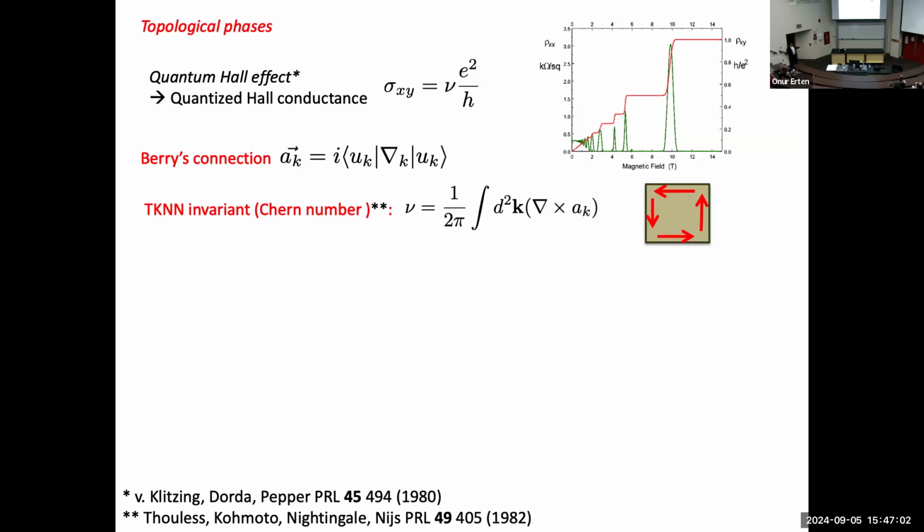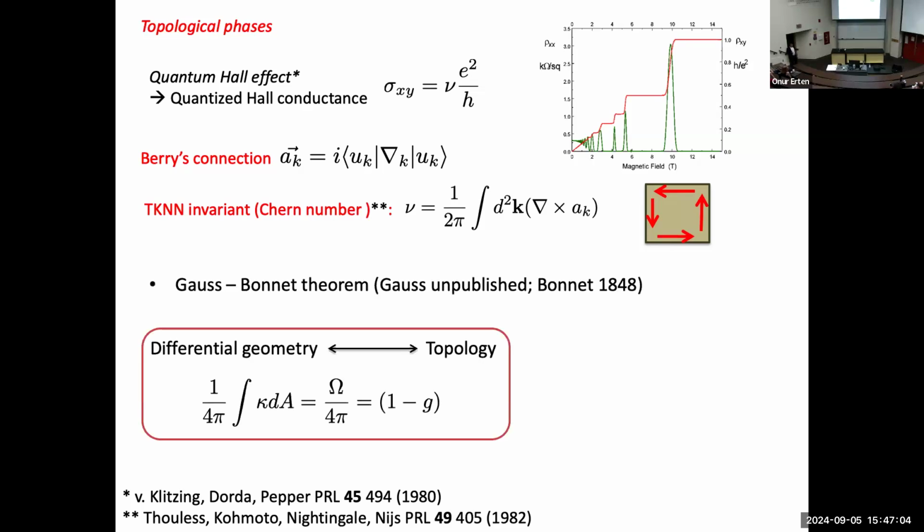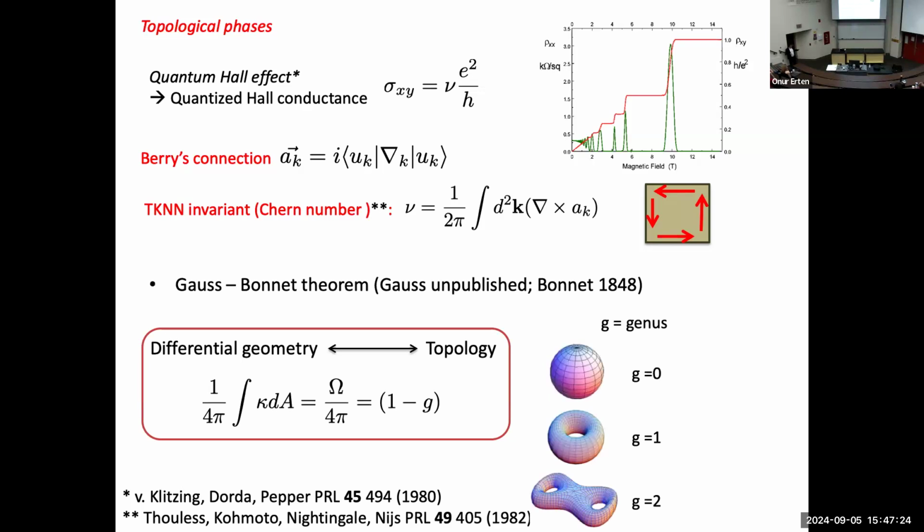So this is one example, but in general, the topology of a system of closed manifolds is related with its differential geometry through the Gauss-Bonnet theorem, where if you integrate the curvature, it is guaranteed to give you the genus of the system, namely the number of holes that you have on your manifold, right?